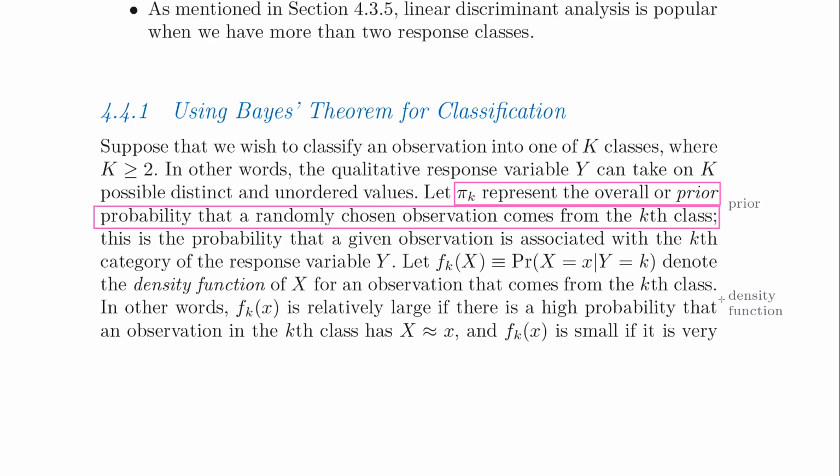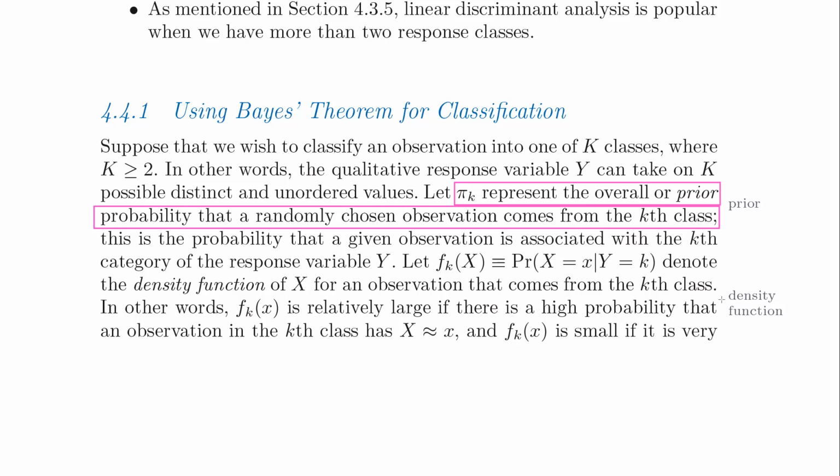Now one would hope that you're regularly updating your prior beliefs. But you tend to start with some kind of rough idea. It could be a good, statistically sound belief of what the likelihood is, but you would have a prior belief, and this is what pi k is.